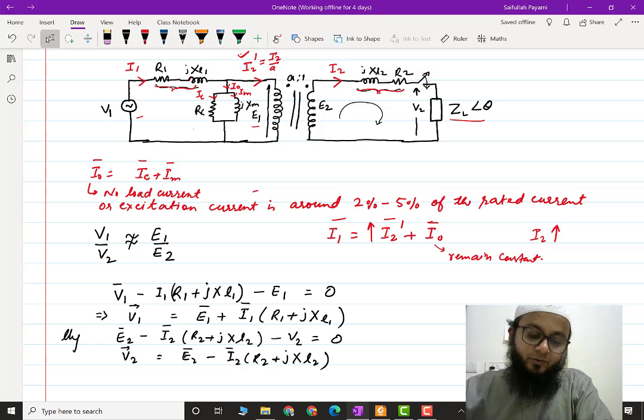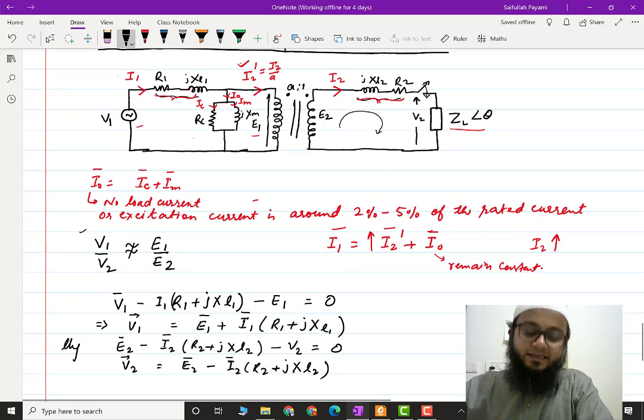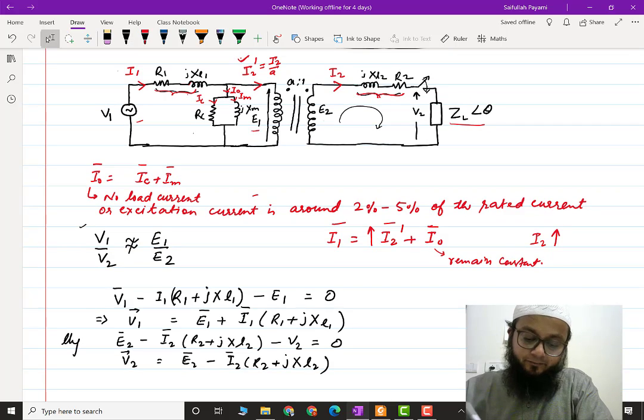Generally, what we do is we manipulate the number of turns N1 and N2 in such a way that V1 by V2 is... Here we can see that the voltage V1 would be higher as compared to E1. There would be some drop here, and similarly on the secondary side, the induced EMF E2 would be higher as compared to the terminal voltage during the load condition.